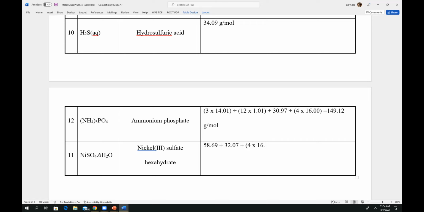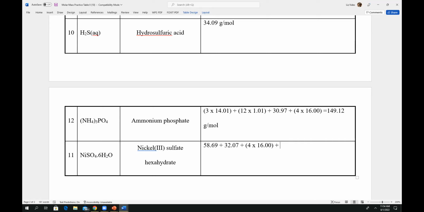Then we have 6 waters. So we can do this 2 ways. We can tally the water and then multiply it times 6, or, normally what they ask us to do is to do it this way, and you'll see why in a minute.